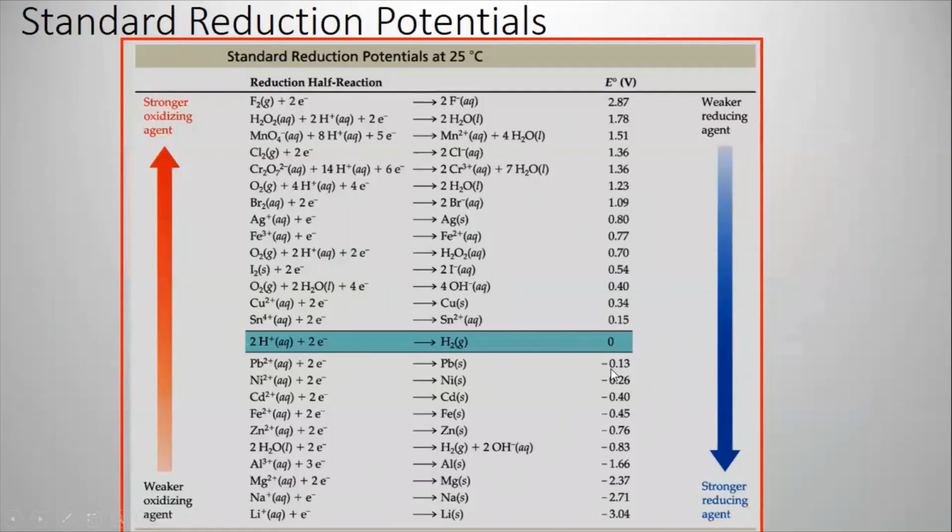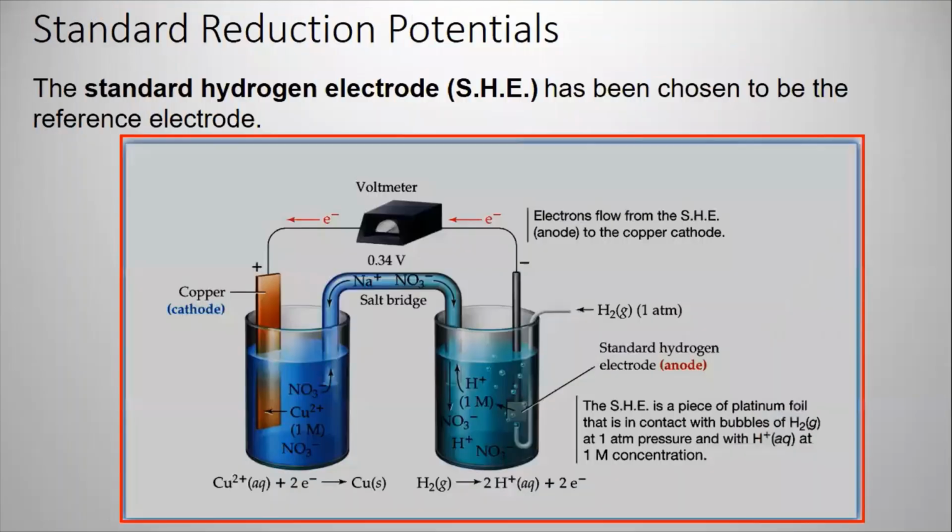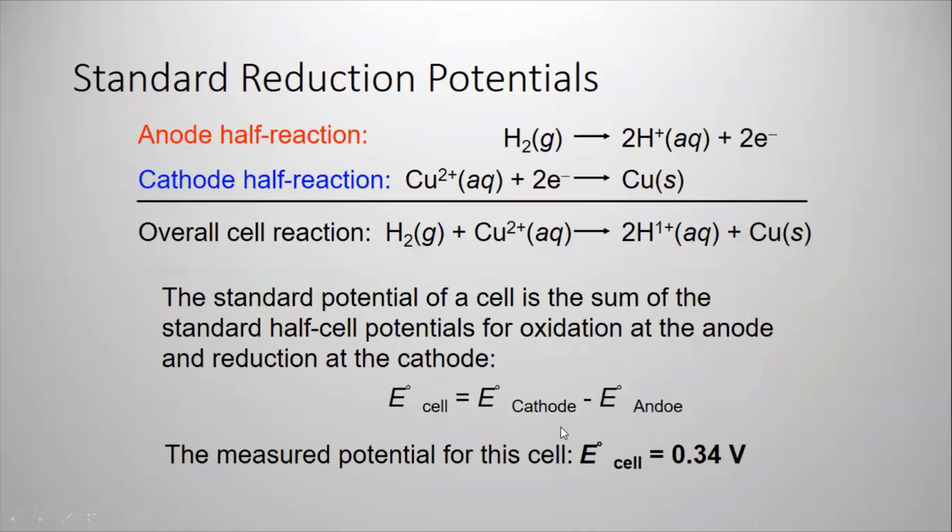Why? Because it's below hydrogen, which means this is the anode and hydrogen is the cathode. If it's above hydrogen, it's positive. If it's below hydrogen, it's negative. So this is how we constructed this standard electrode potential table using the hydrogen reference electrode.